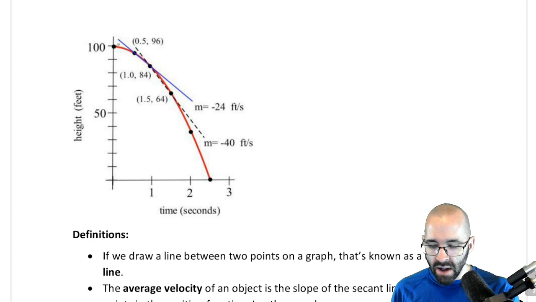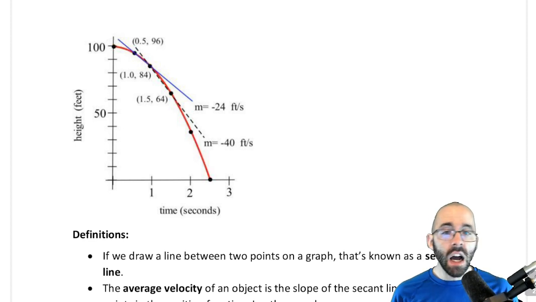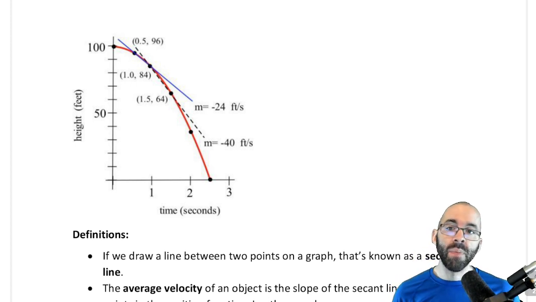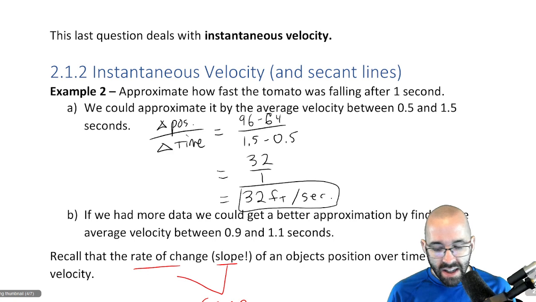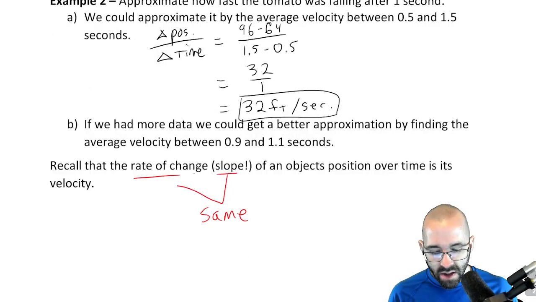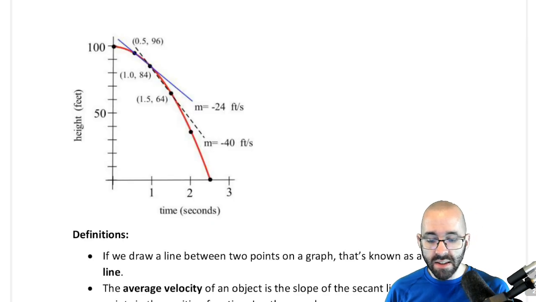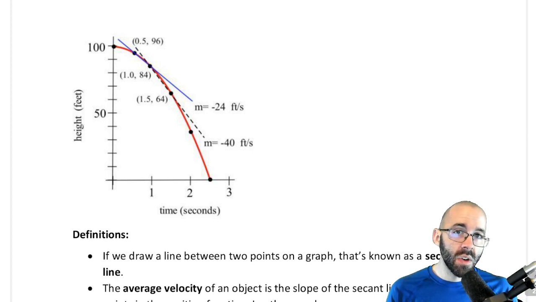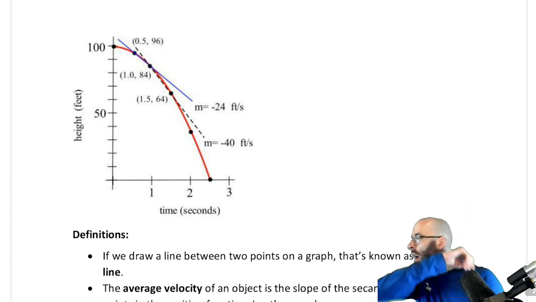And so this red curve is our position function. We just said the slope, the rate of change, of the position function is its velocity. So we got this direct tie-in to what we're doing in chapter 2.